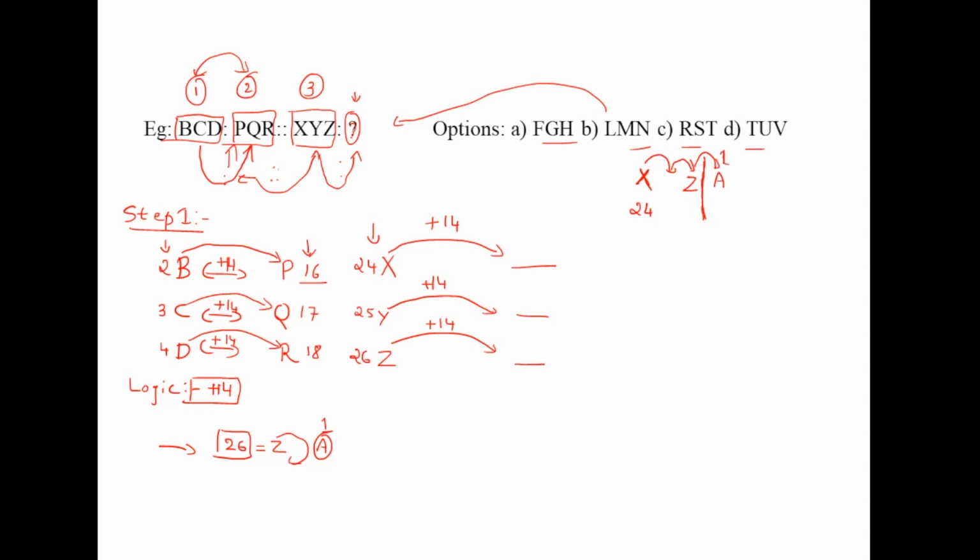So very simple. Position of X is 24 plus 2, I get Z, plus 12 I will get the required letter, because 2 plus 12 is 14. So the logic behind this is 14 plus 14. So 2 plus 12.